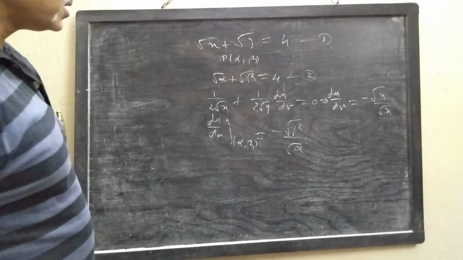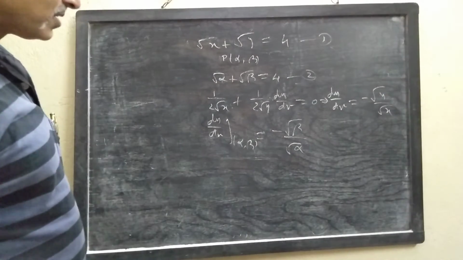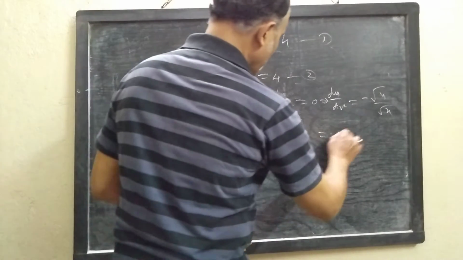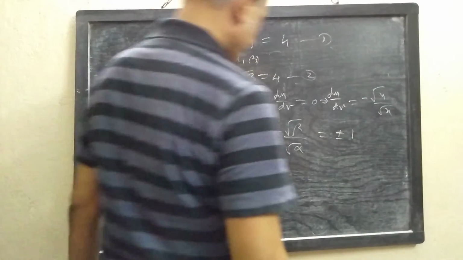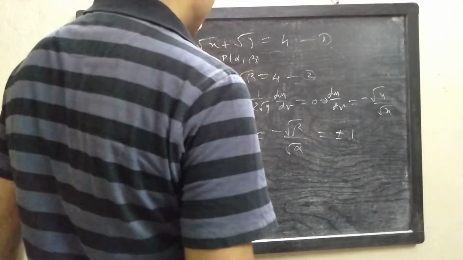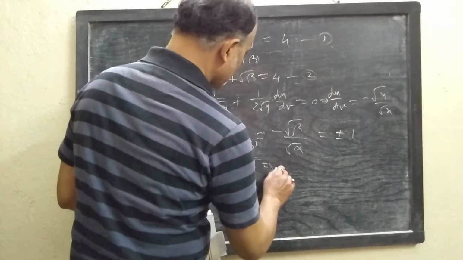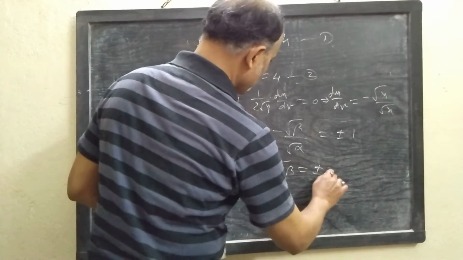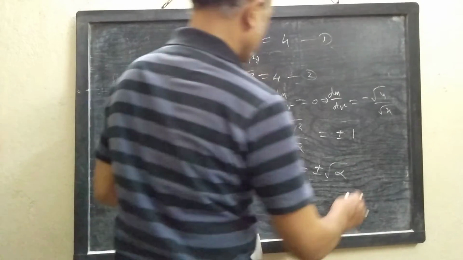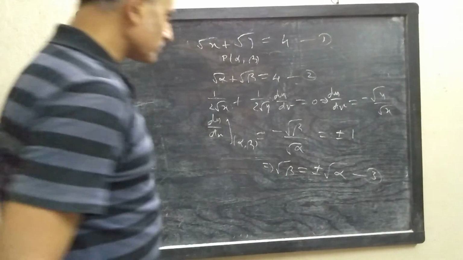Now, according to the question, the tangents are equally inclined to the axis. So this should be plus minus 1. This gives us root beta equals to plus minus root alpha. This is number 3.